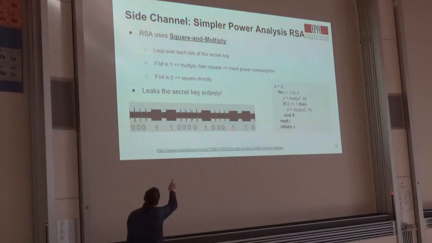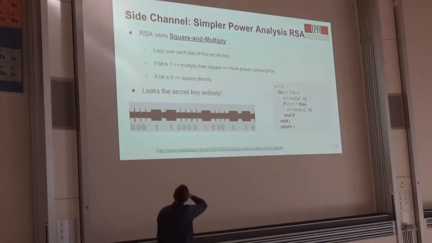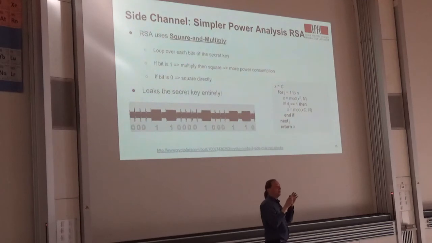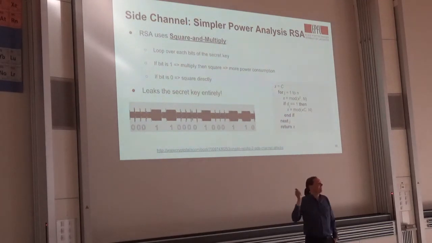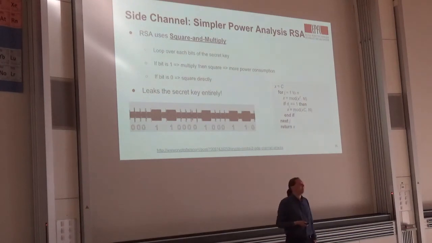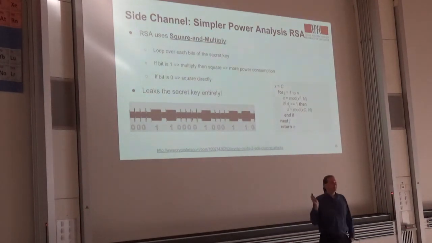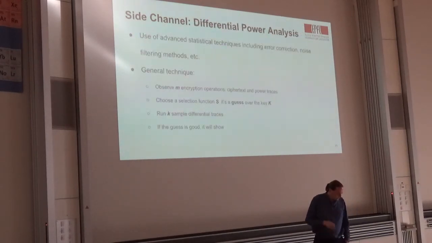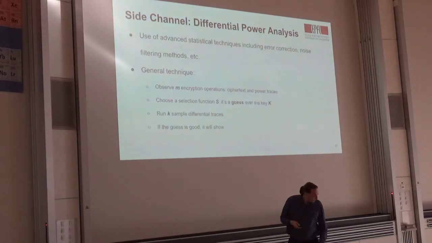You could see on an oscilloscope waveform that the square and multiplies are these big blobs of effort, and simple squares are these little blobs, and it's totally trivial to read the bits of the private key off that kind of analysis.